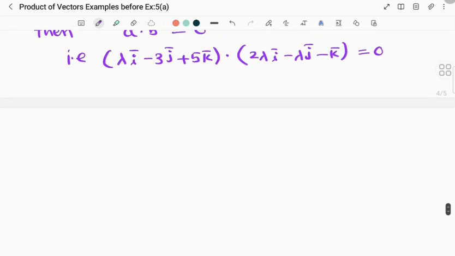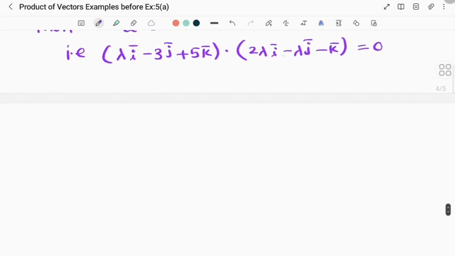So we know that for the dot product of two vectors, the i bar coefficients we have to multiply: lambda into 2 lambda, so 2 lambda square, minus 3 into minus lambda, so plus 3 lambda, 5 into minus 1, minus 5, equal to 0. Factorization we need to do that. So 2 lambda square, 5 twos are 10, no?